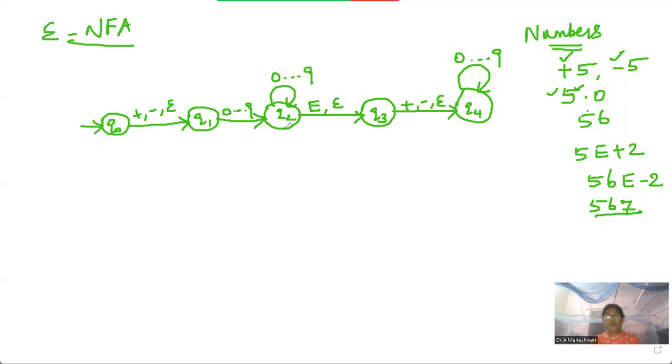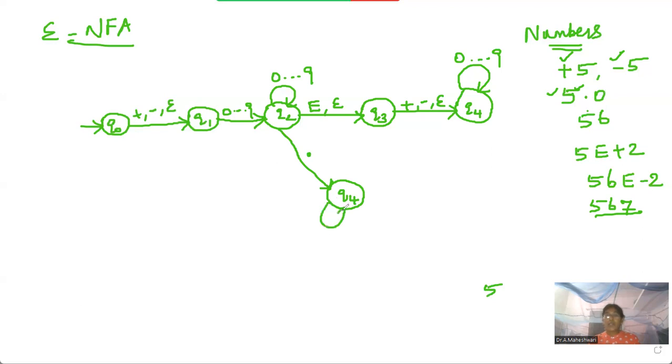So the exponent part is over, but we have 5.0 or 56.0, some decimal point, right? That is also there. So from here, I will take a decimal point. This is Q3, Q4. After the decimal point, I may need some digits, for example 5.0, where after the decimal point I have some value.